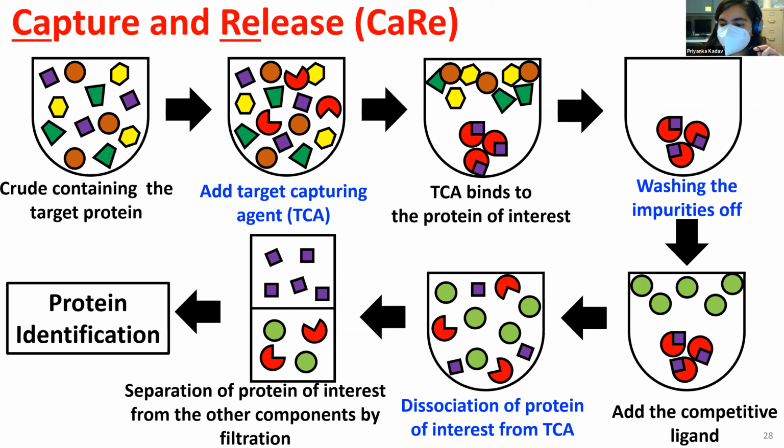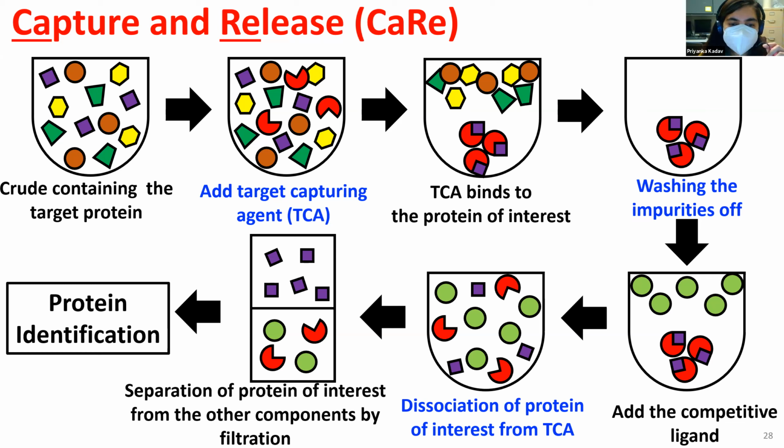The next step involves the addition of the competitive ligand in a very high concentration. The green ones are the competitive ligands. The role of this competitive ligand is to dissociate the complex that was formed between the purple target protein and the red TCAs, such that in the test tube, what remains are three separate components: the TCA, the target protein, and the competitive ligand.